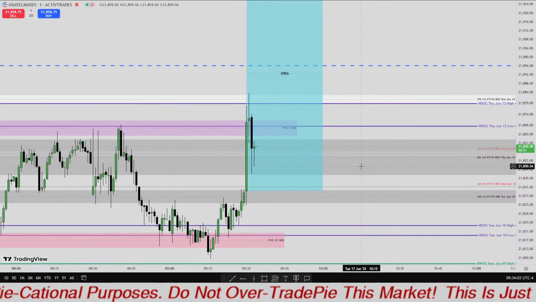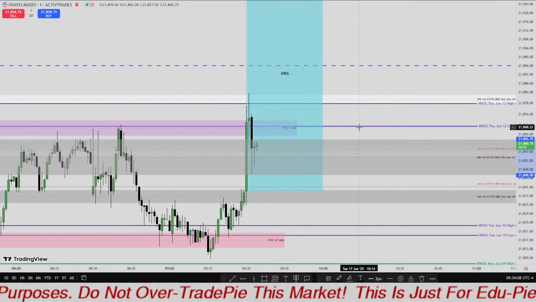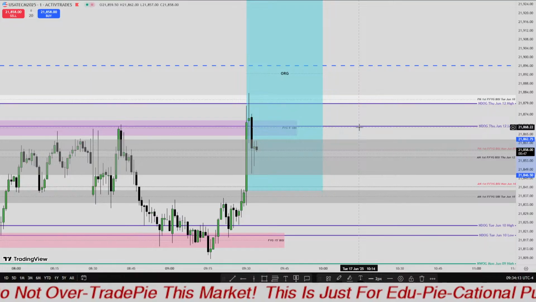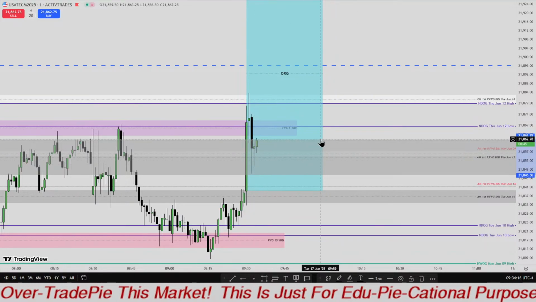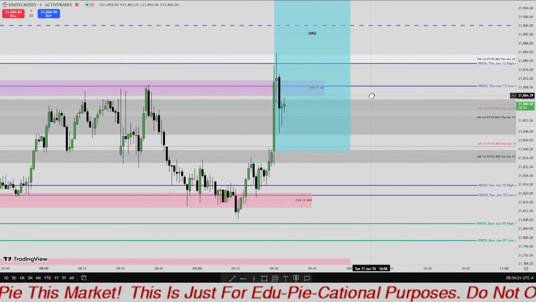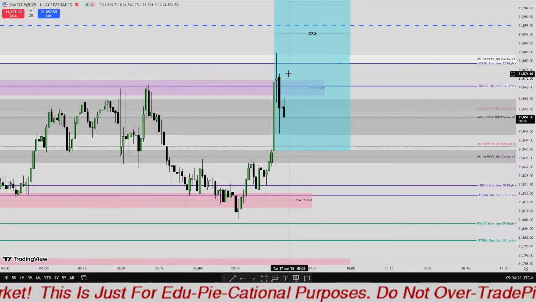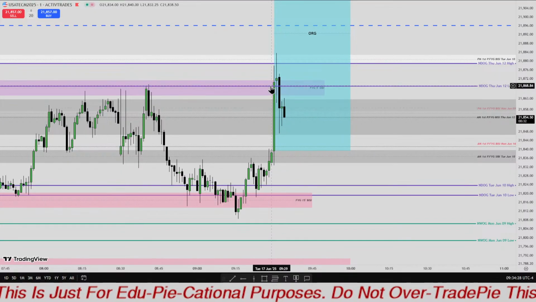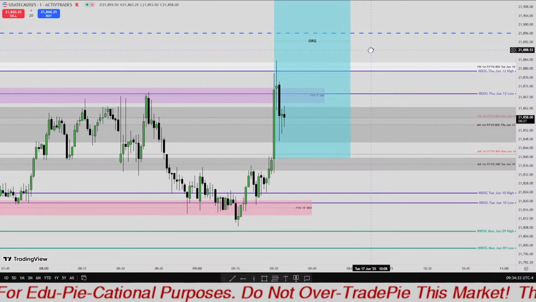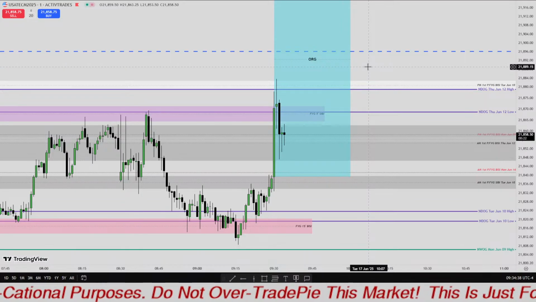We are respecting the upper portion of the first presented fair value gap from last Thursday by closing these two candles over here, and that is kind of interesting. So we also respected the new day opening gap by closing these two candles and had a good reaction to go lower. So I'm waiting for more information and data from the market in order to get into any position.